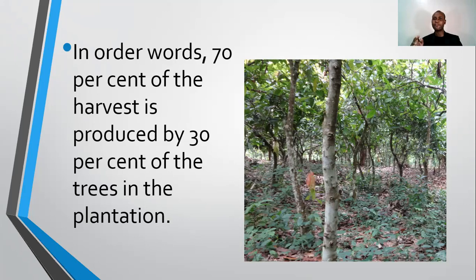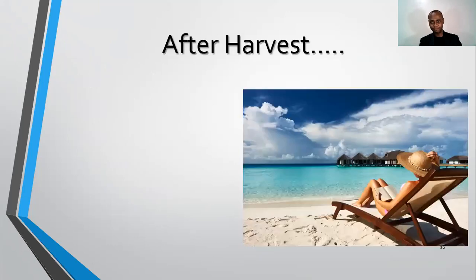So if your farm is just maybe UF18, make sure that the entire farm is UF18. So don't make all kinds of varieties on the same farm because it affects yield.